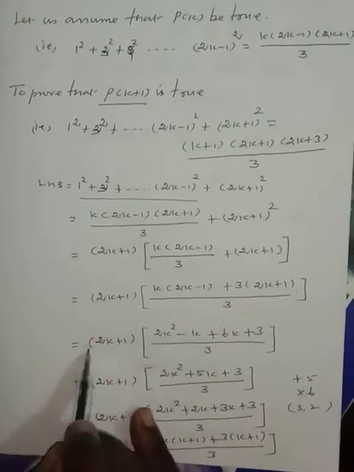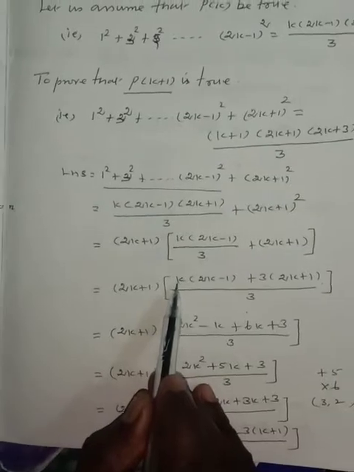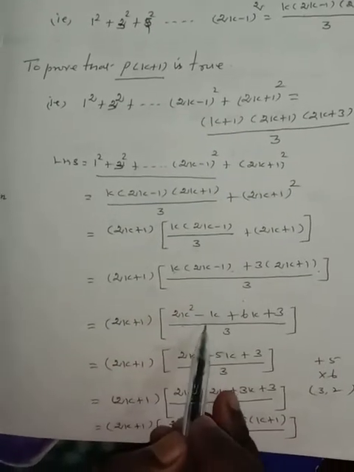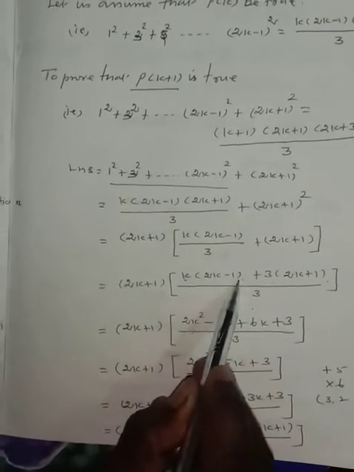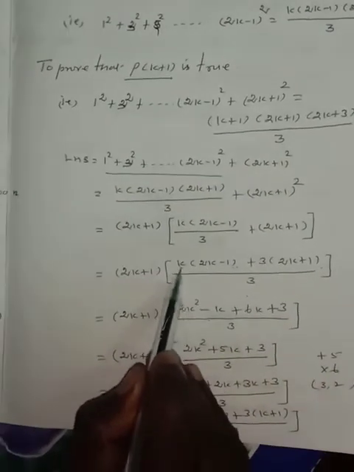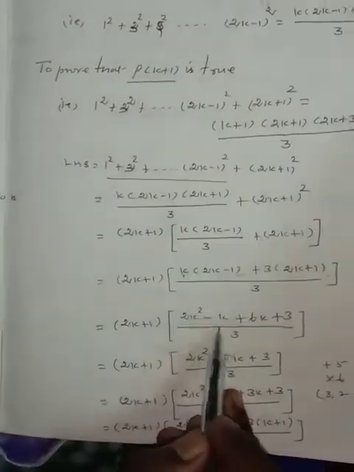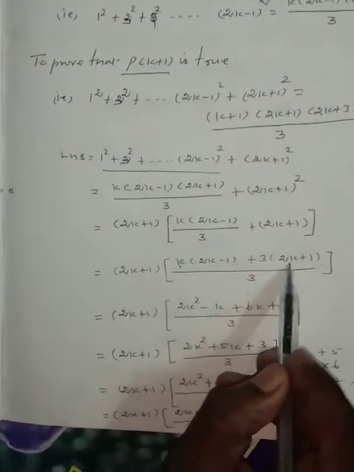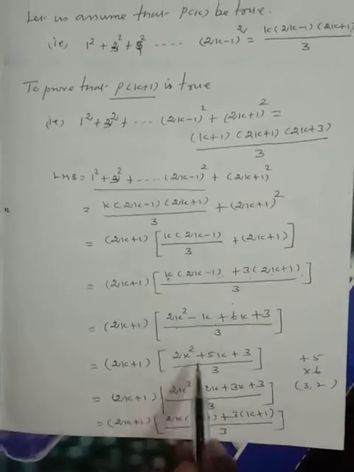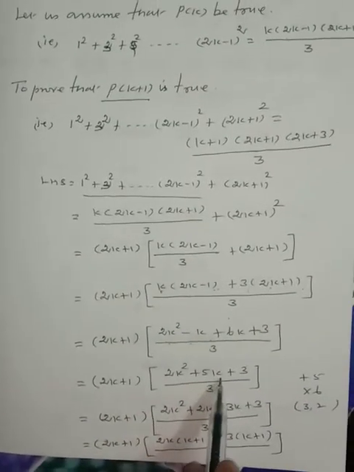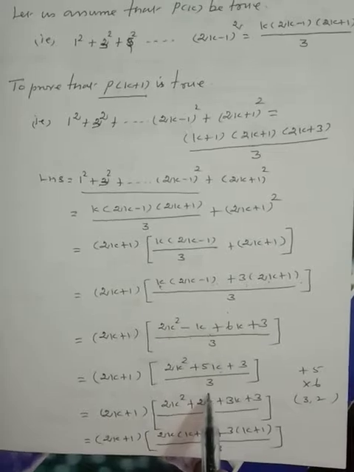Next, 2k plus 1 times the product of k into 2k minus 1: k into 2k is 2k square minus k, plus 3 2s are 6 so 6k, 3 into 1 is 3. Now adding we get 2k square plus 5k plus 3 whole divided by 3.